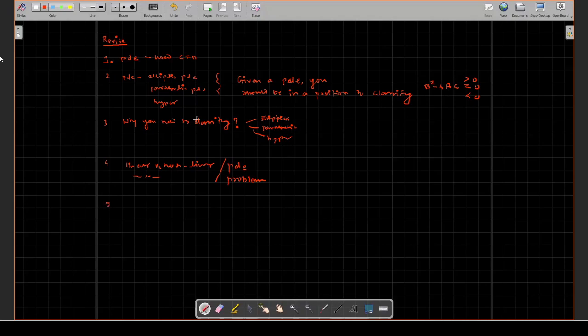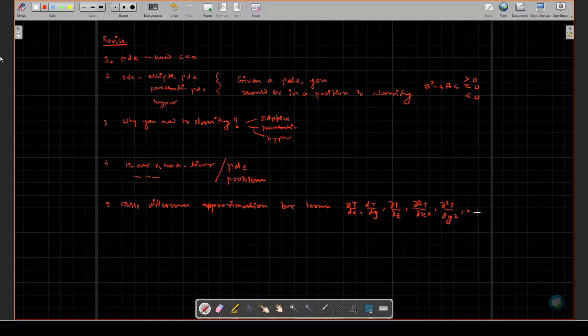Once we did this classification, we started with finite difference approximation, for terms like dT by dx or dT by dy, or it can be dT by dt with respect to time, or second order terms, or third order terms.